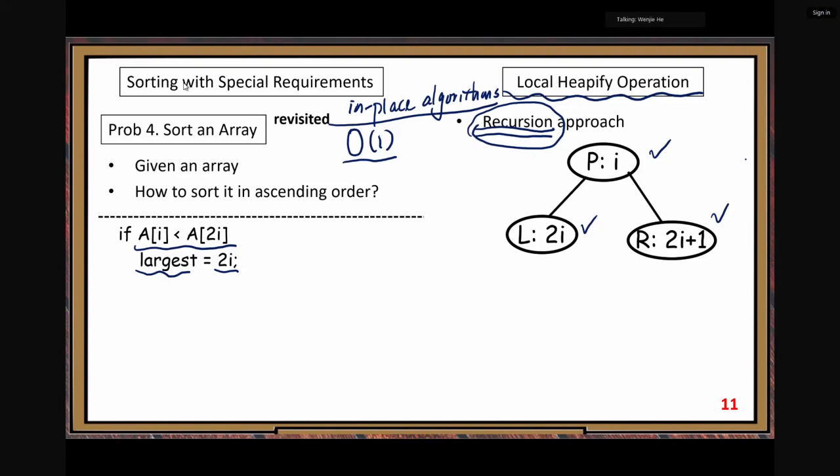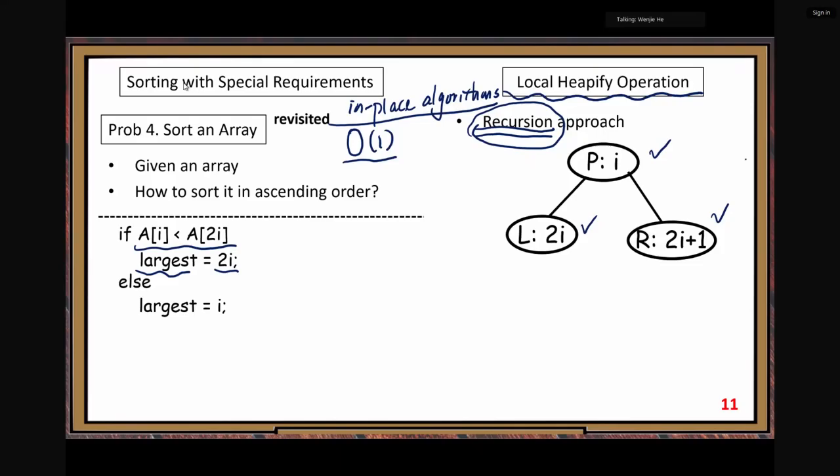Not enough. We need to do more comparison. Else, because no violation, we store i to largest, since the parent value is larger. This is the first comparison. Not enough.